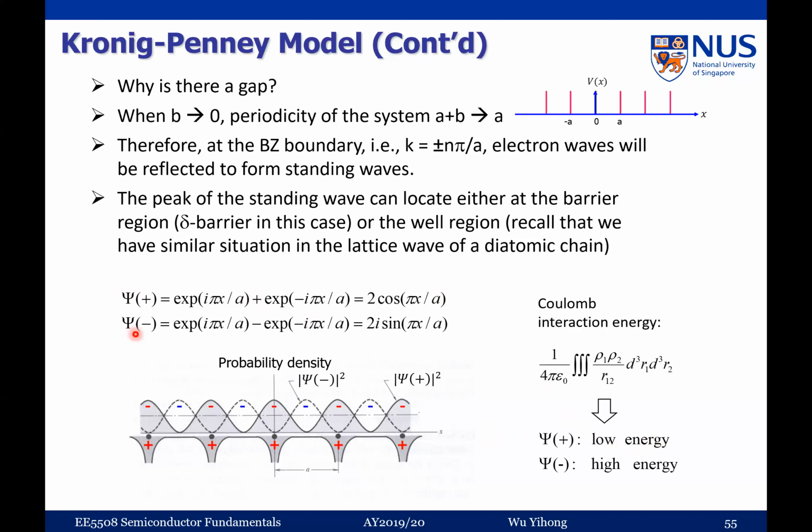And the other one is the anti-bonding state, or excitation state, a higher energy state. That basically is this blue one. With the blue one, you see that the electron density is lowest at the nuclear position, lowest here, and highest in between these two.